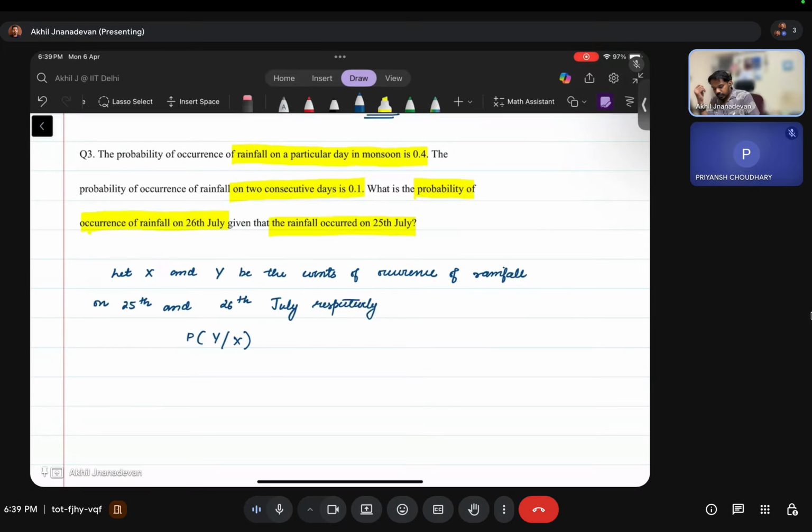This is the formula for conditional probability: P of Y given X is P of X intersection Y divided by whatever is in the condition.